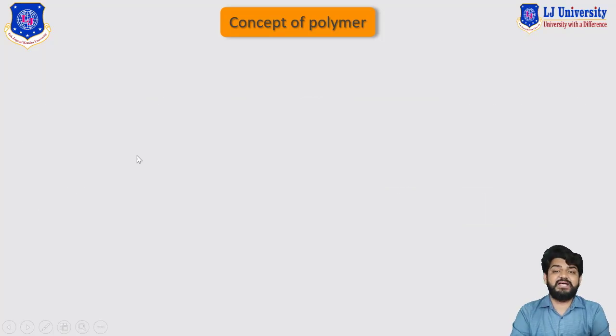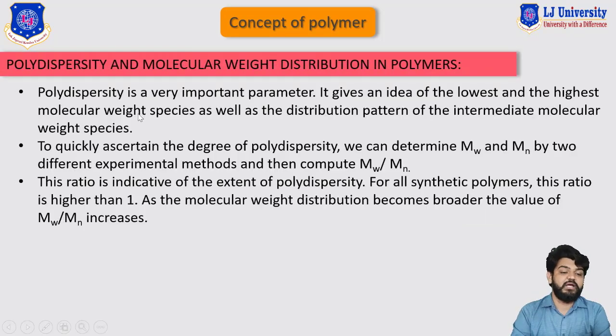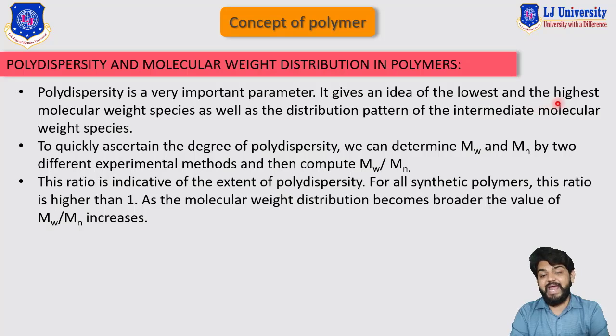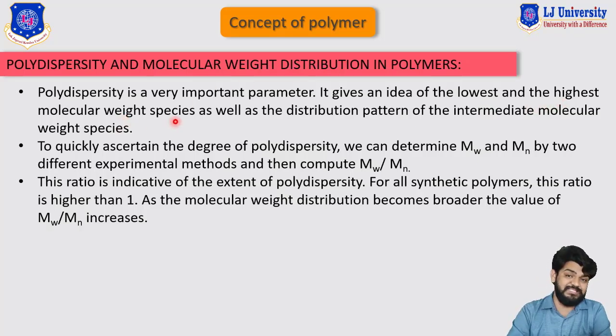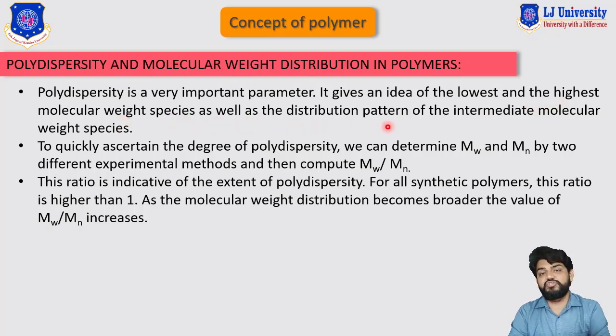Now if we discuss polydispersity, which is a very important parameter in polymer science and molecular weight distribution, it basically gives an idea of the lowest and the highest molecular weight species as well as the distribution pattern of the intermediate molecular weight species. So this gives us an idea about the highest and lowest molecular weights of the species in the particular polymer sample.